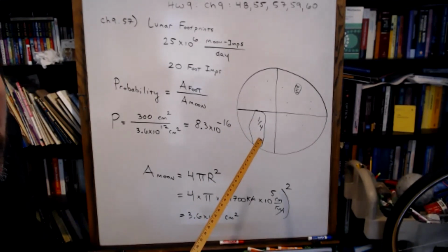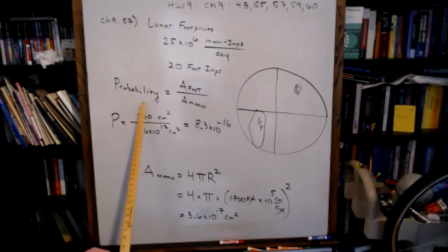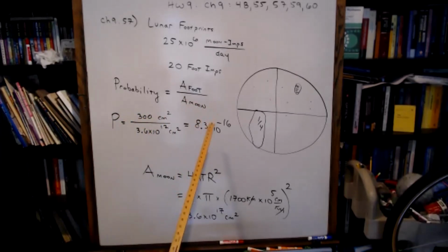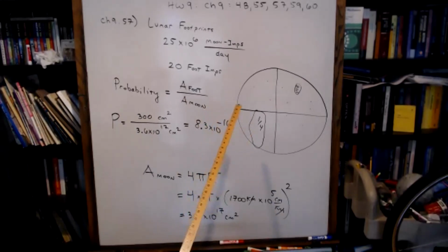A quarter of the moon? Is that what you're saying? No. Kind of, but we're talking about a probability here. I'm trying to get you to think about probabilities in general. If I have a probability of 0.25, what is the meaning of that?